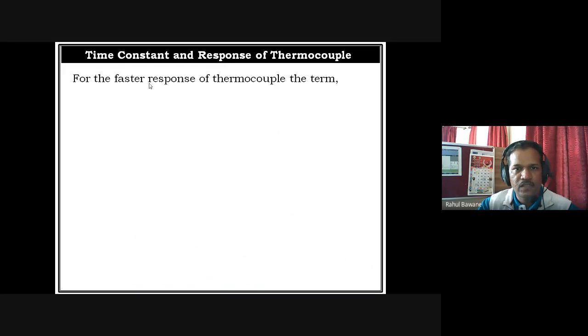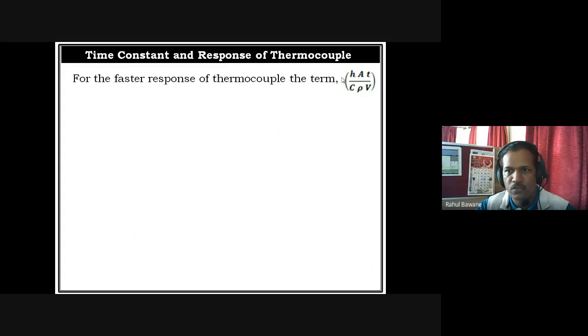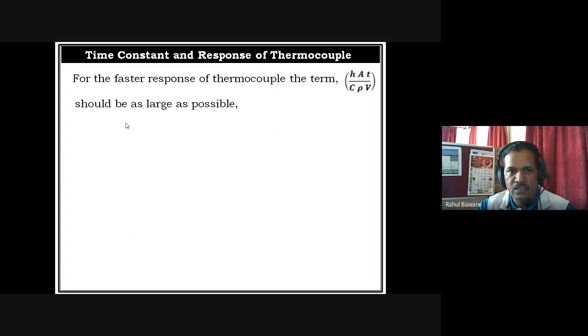Now, for a faster response of the thermocouple, the term in this bracket, that is the power of e, should be as large as possible, so that the thermocouple gives a faster response to your readings.